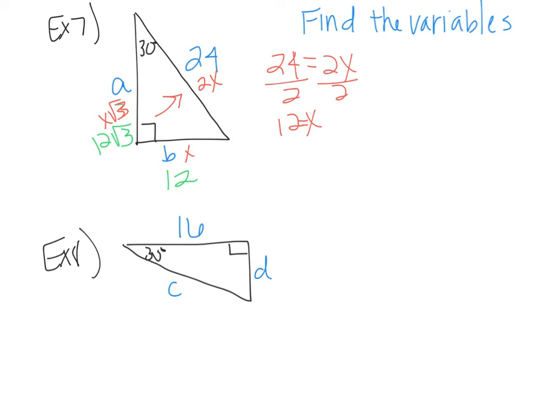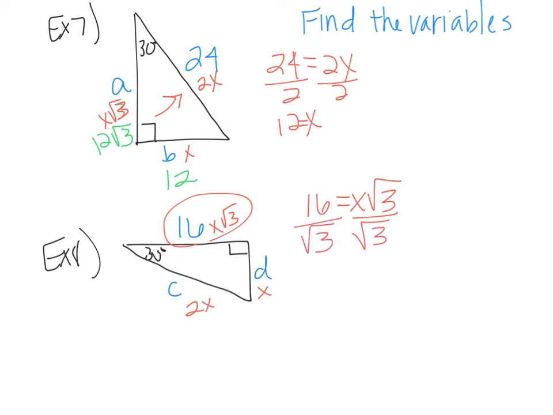Okay, now next one. This is a 30, 60, 90 triangle, so that makes this x square root 3, this is x, and this is 2x. This time we have this situation, so we're going to have to do pretty much the same thing that we did on the 45, 45, 90 triangle, but what's going to be a little bit different here is we're going to end up having to multiply by the square root of 3 instead.